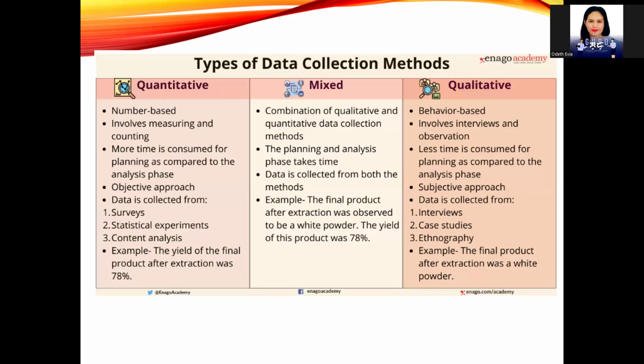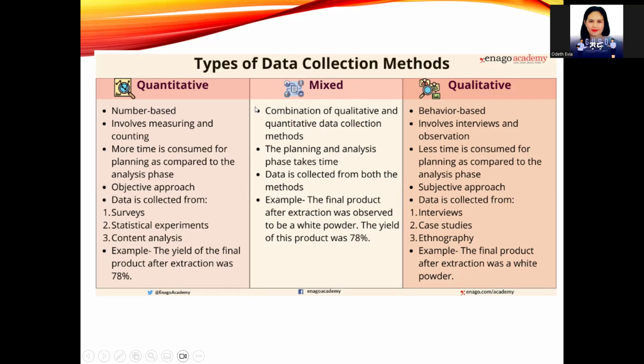So we already discussed quantitative and qualitative research. In this table, there is also indicated the mixed type of data collection. When you say mixed, it involves the combination of qualitative and quantitative data collection.